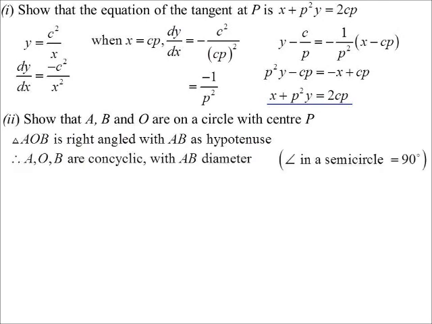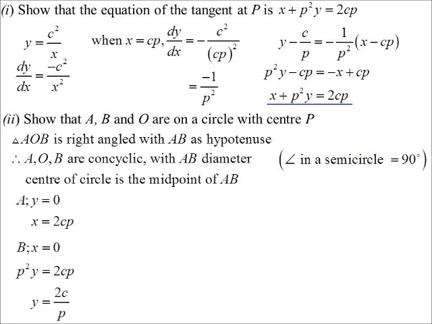So we know A, O and B are concyclic, because whenever you've got a right angled triangle, you've got angle in a semicircle. And so AB must be the diameter. The hypotenuse turns out to be the diameter with a right angled triangle. The centre, therefore, is the midpoint of AB. Okay, so we just need to show that the midpoint of AB is the point P.